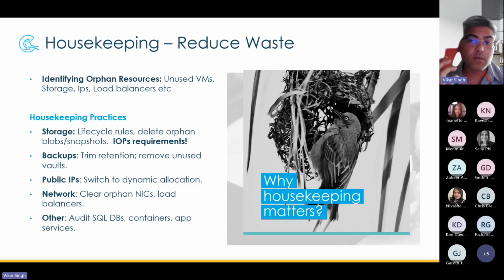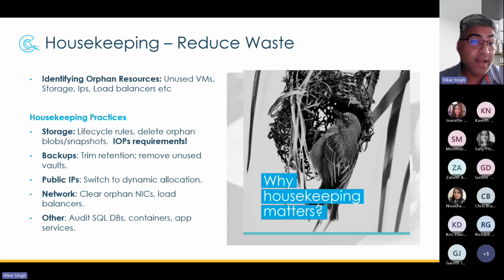Backups also. We need to understand all the logs and backups that we are keeping, and whether there is any way we can go back to our business and confirm what data we actually need. We need to be looking at trimming retention where possible.